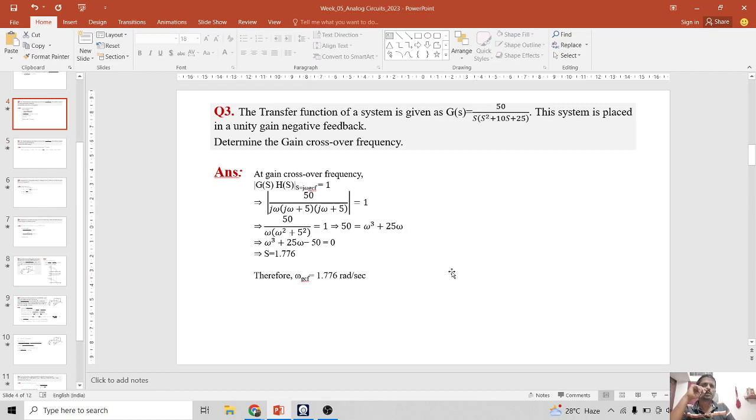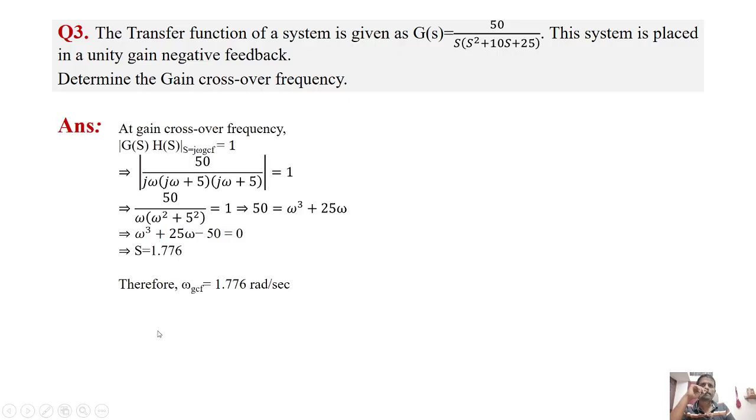Third question, yes. When you drew that diagram, this one, right? Yes, sir. Initially it starts from -20, and at omega equal to 5 it will tend to -60. Correct.